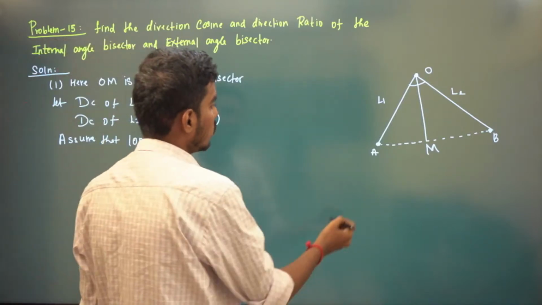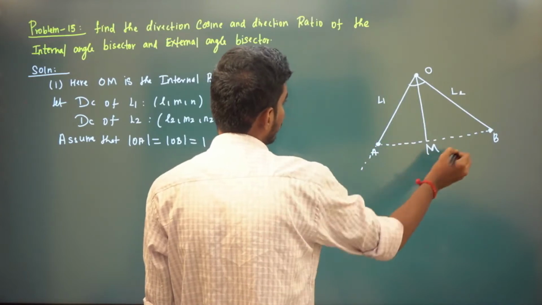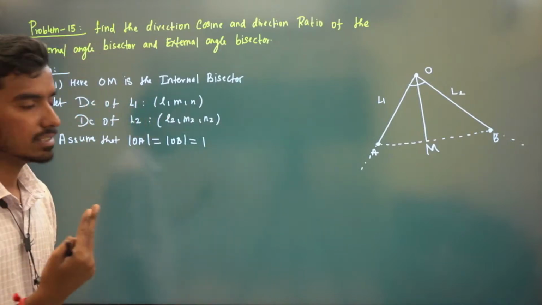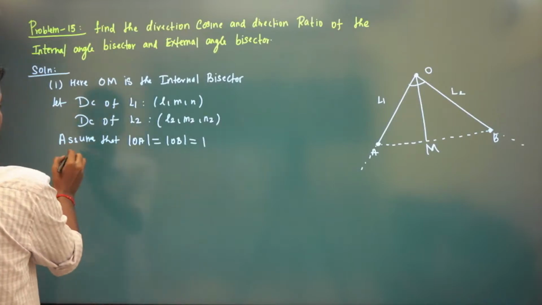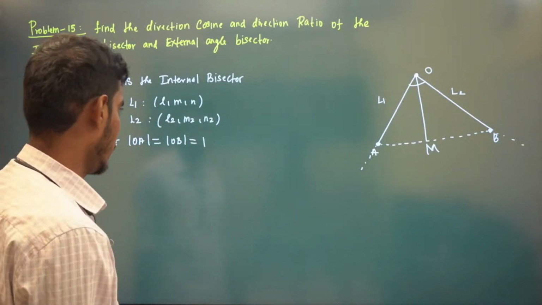Even if not 1, you just cut it off. If OA is very large, this is a line only, right? So you just cut off this line such that the length of OA and OB is 1, right?